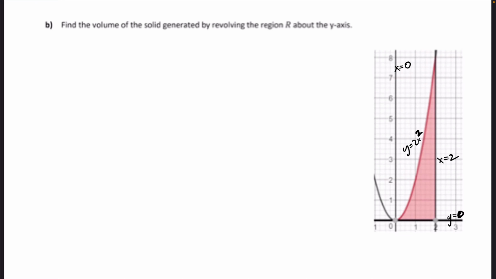Okay. So this one, we're also revolving around a vertical line. We're revolving around the y-axis. The y-axis is a vertical line, x equals 0. Okay, so I'm going to highlight the revolving line so it kind of sticks out in blue.